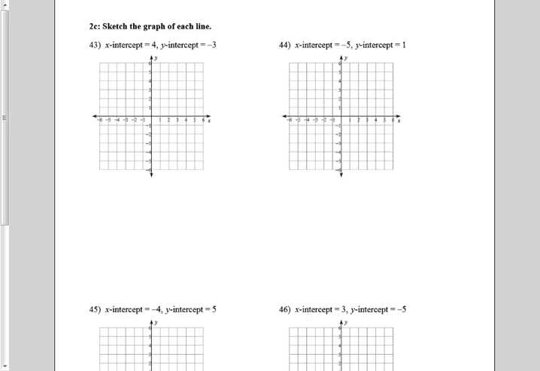I'm going to label the x-intercept, and that's at 4, so that point is right here at x equals 4. And then I'm going to label the y-intercept, which is at -3. Make your points nice and big so we can see them. And then all you do is simply connect those dots.